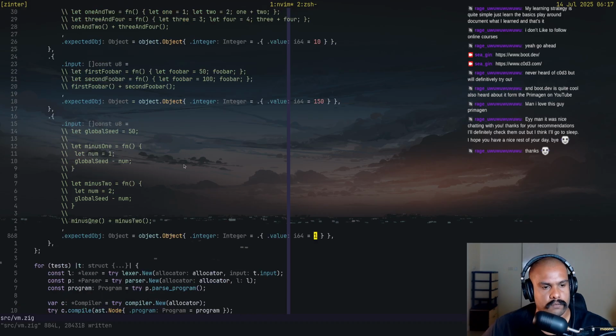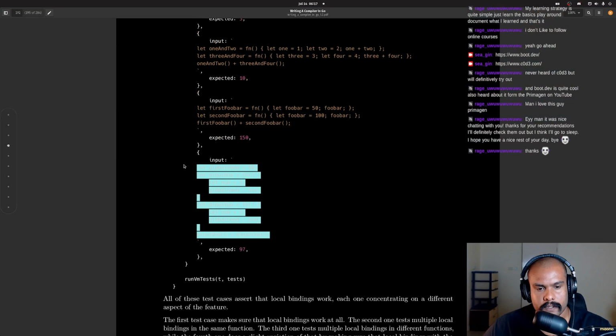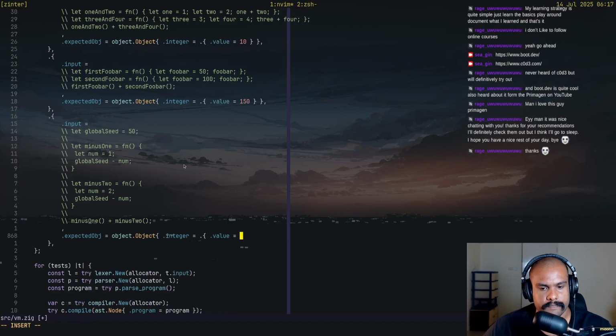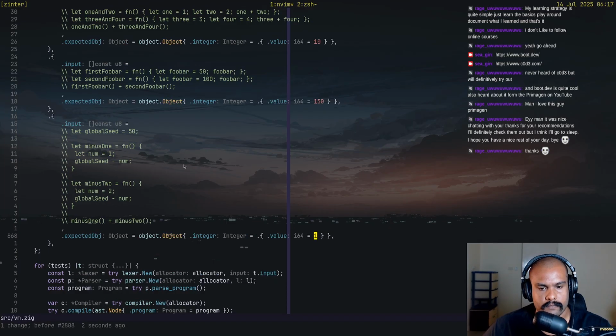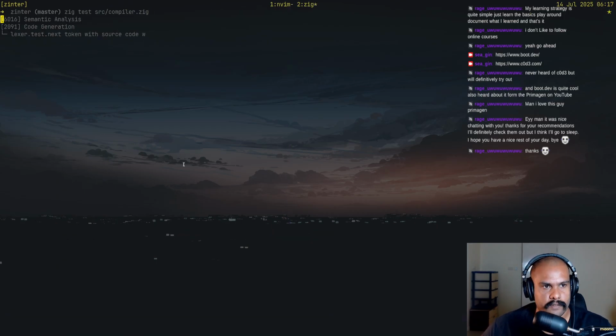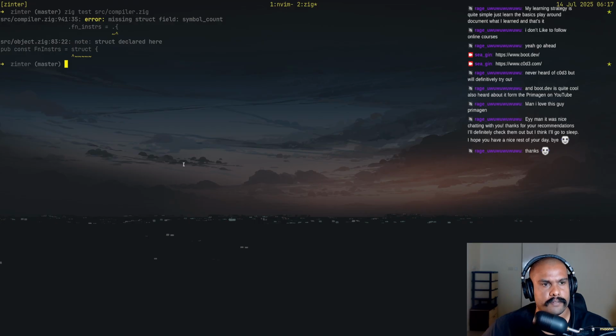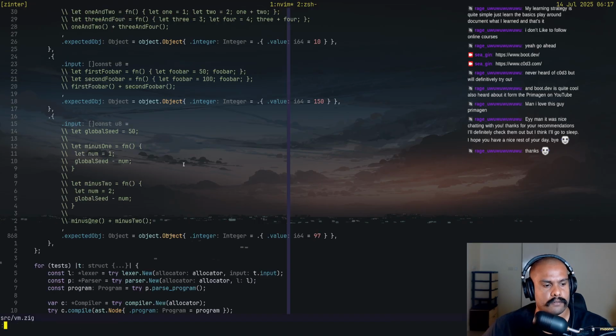And this will be what's expected, 97. Okay, I think there's going to be quite a lot of errors. Missing field, symbol count.